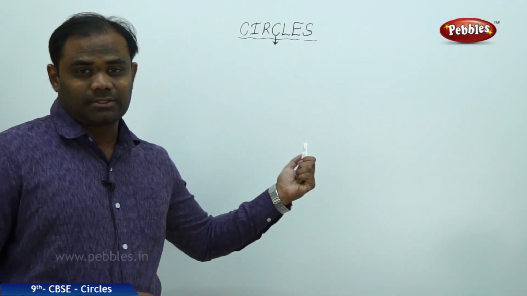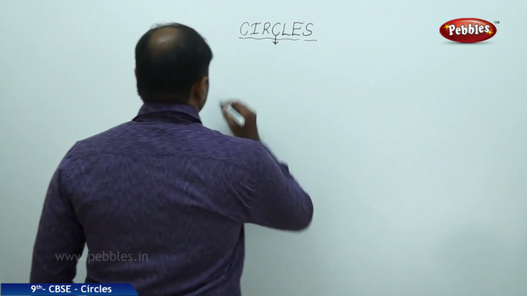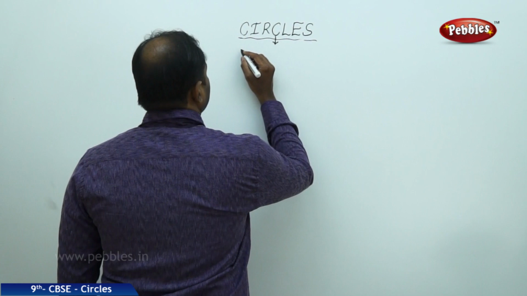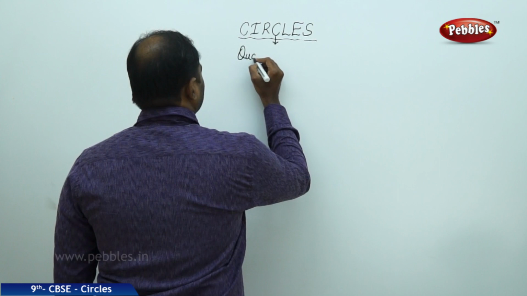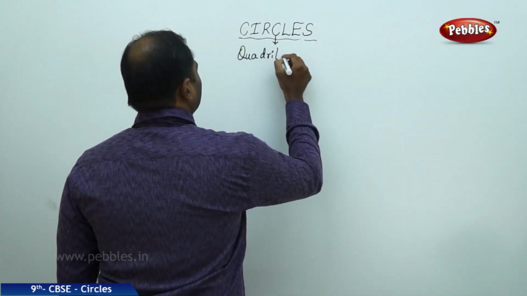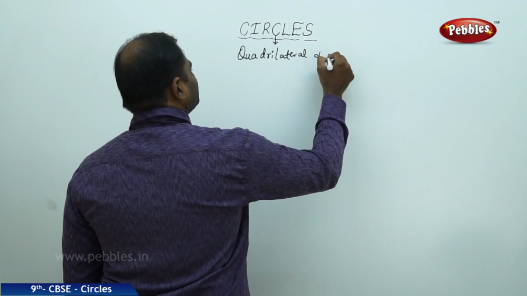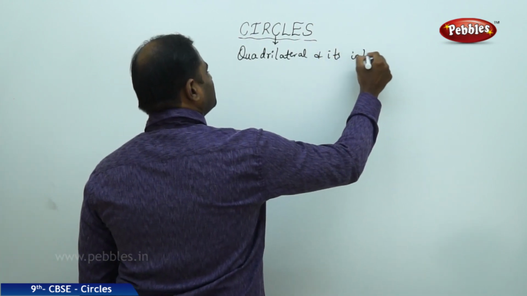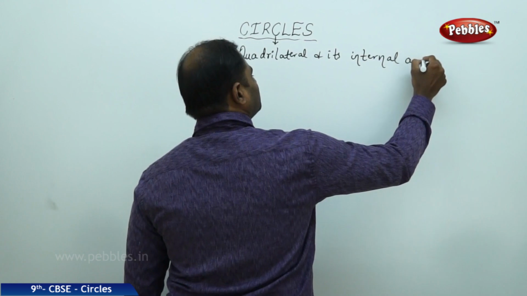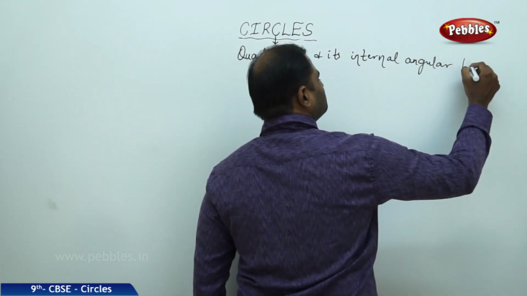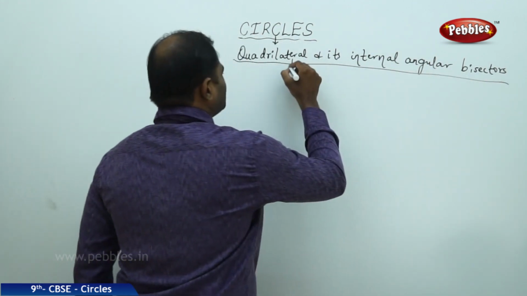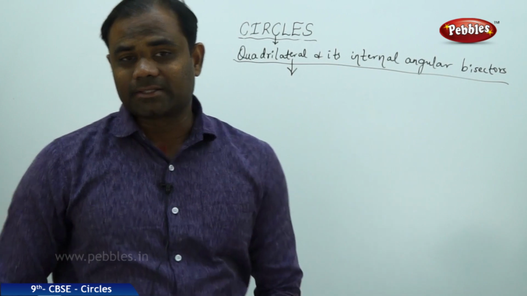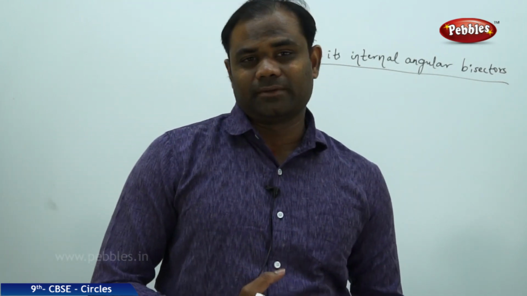This session is about a quadrilateral and its internal angular bisectors. So let's see how this is connected with the cyclic quadrilateral.